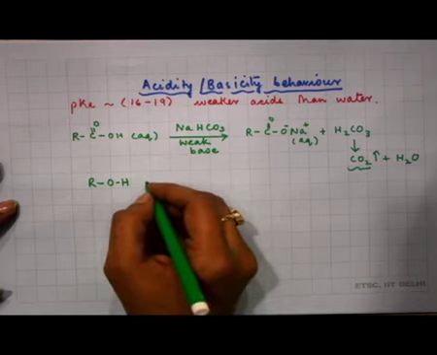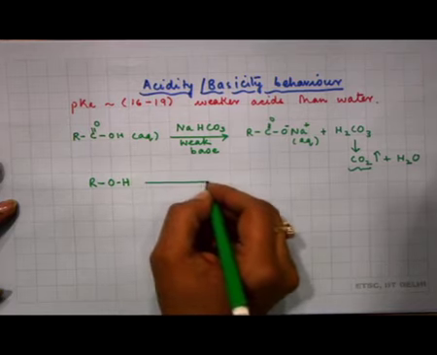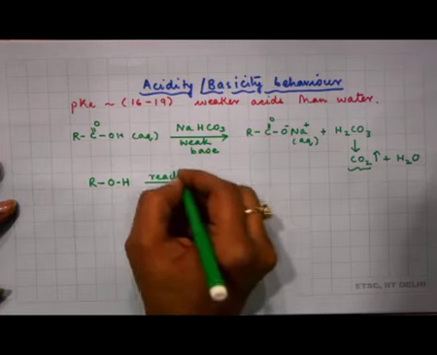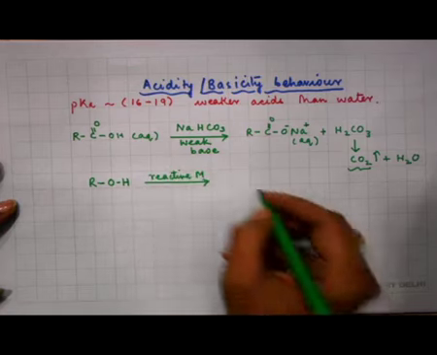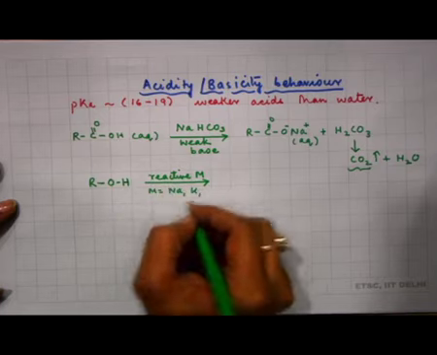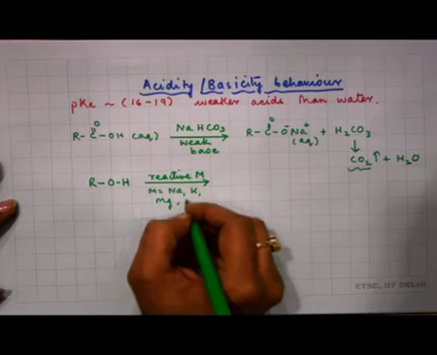So, if we have to test for alcohols, one of the tests is that you treat it with a reactive metal. The metal could be sodium, potassium, magnesium, aluminium.